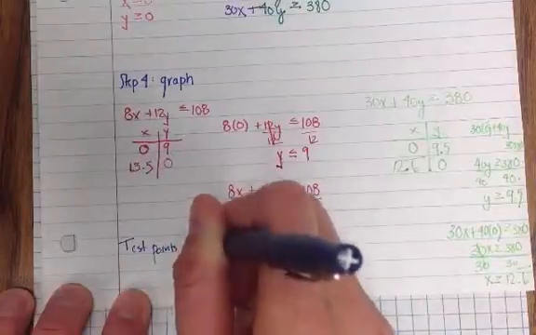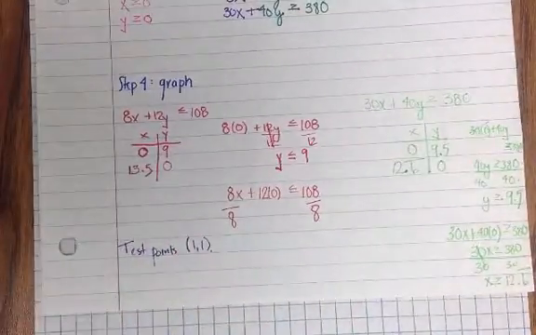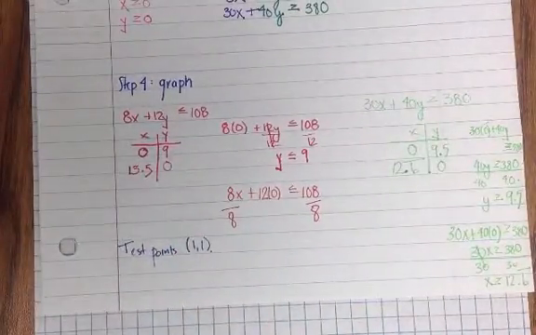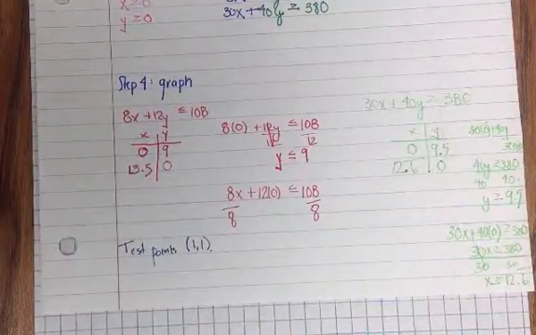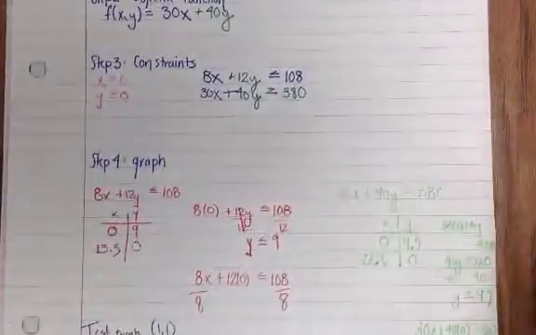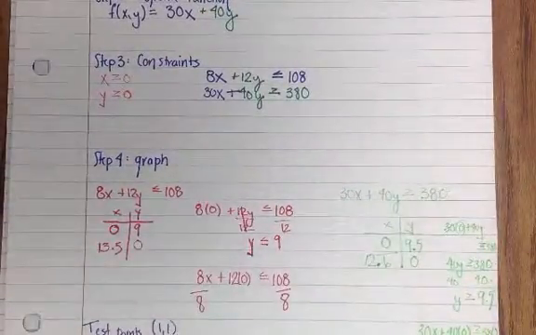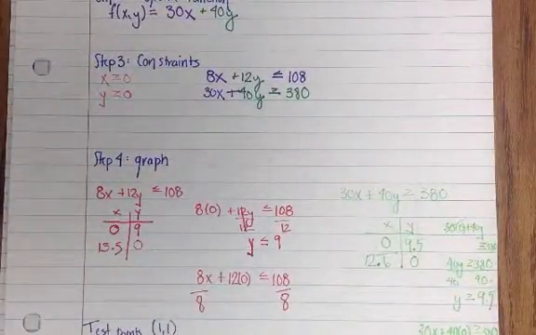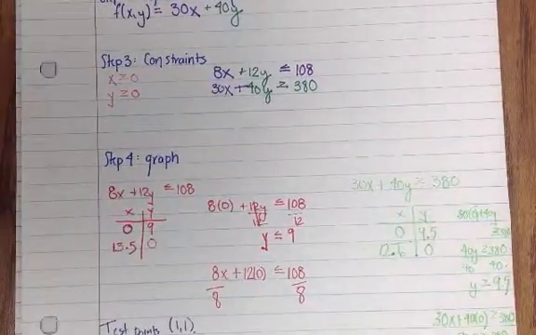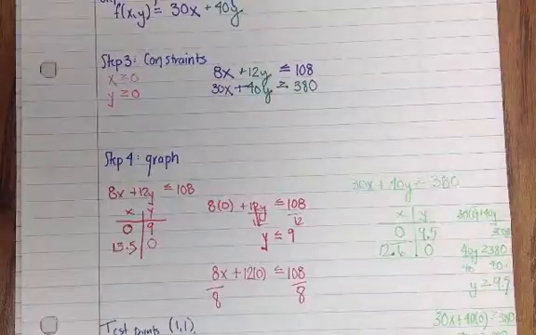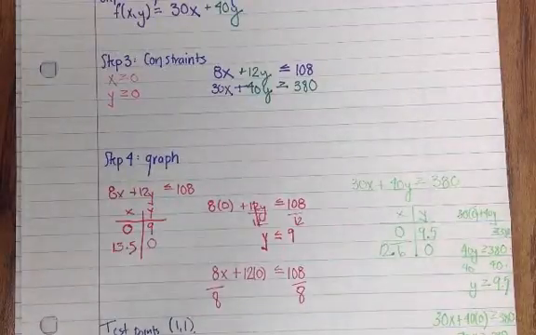And we selected 1, 1. So we're going to plug x and y in, so x is equal to 1 and y is equal to 1, into our constraints and see if the statement is true or false. So we're going to be looking at the values of our terms.